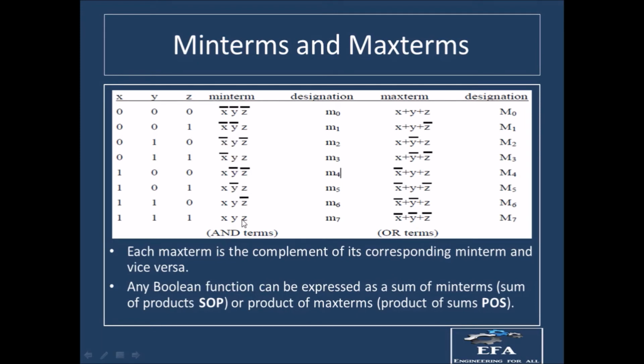So whenever we are having the expression in terms of the SOP, and we are having three variables which are constituting the function, the min terms will be from these 8 combinations only.